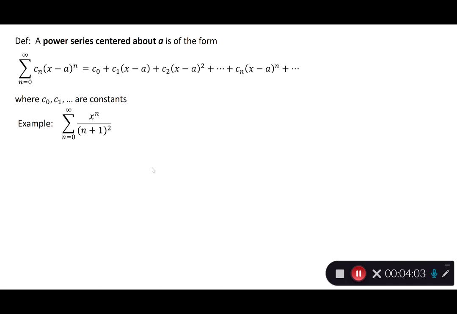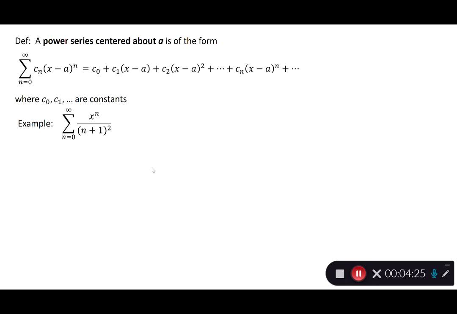So x minus a, the quantity raised to n, here is nothing but x minus 0, the quantity raised to n, by which we are saying, hey, in this case, what does a represent? The power series is centered about a. So this power series is apparently centered about 0.